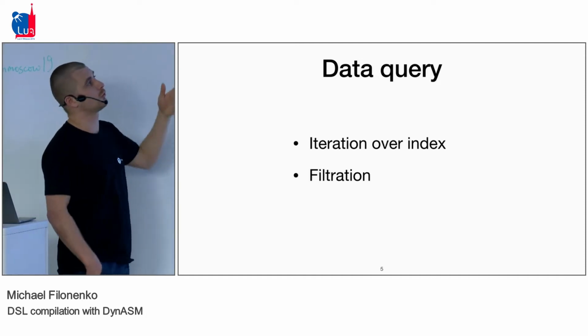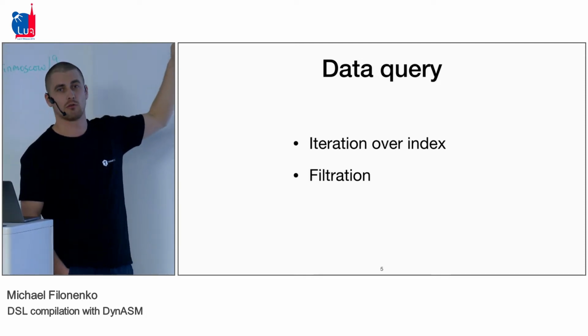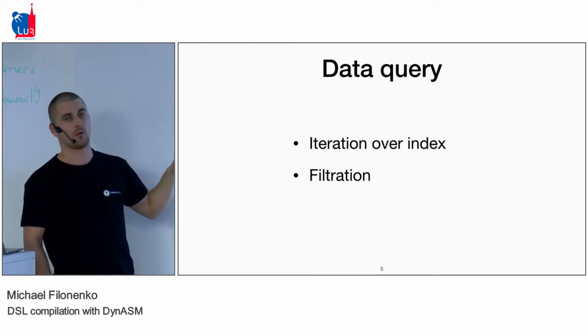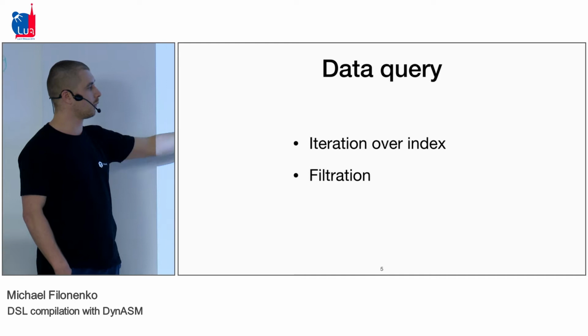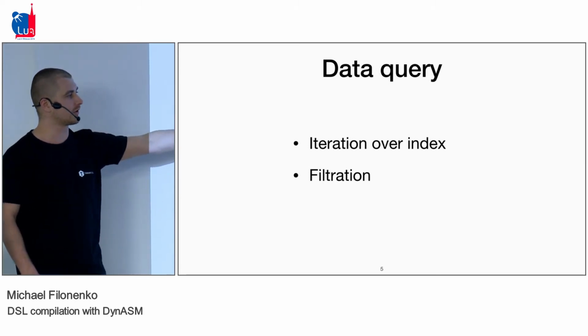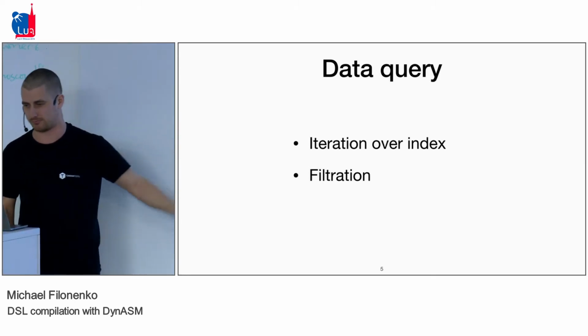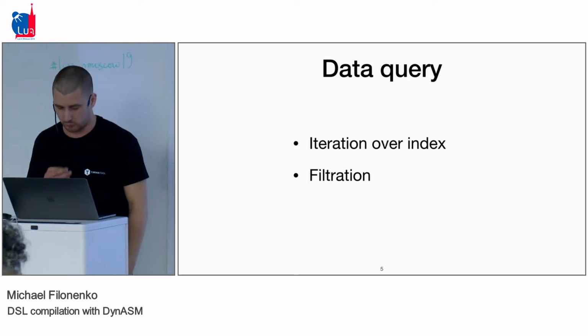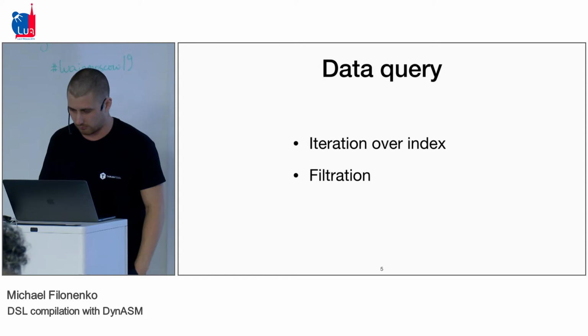But I want to do the data query as fast as I can, and the only point which I can make faster is the filtration process. So I want to show you a small example to understand what I mean.